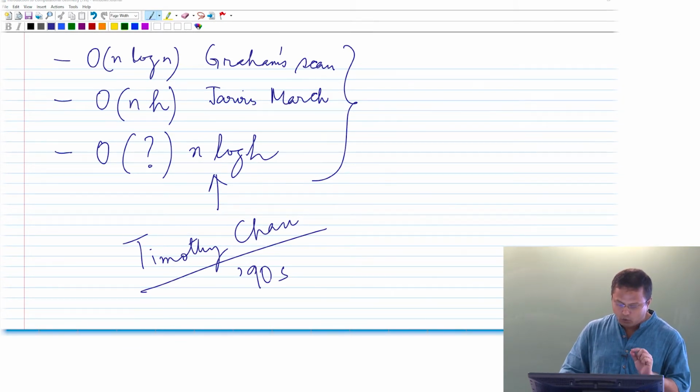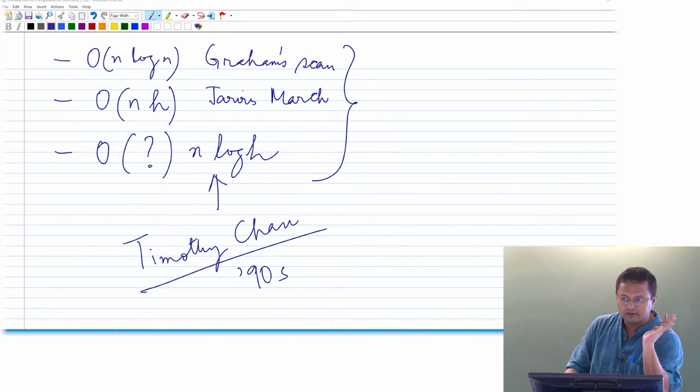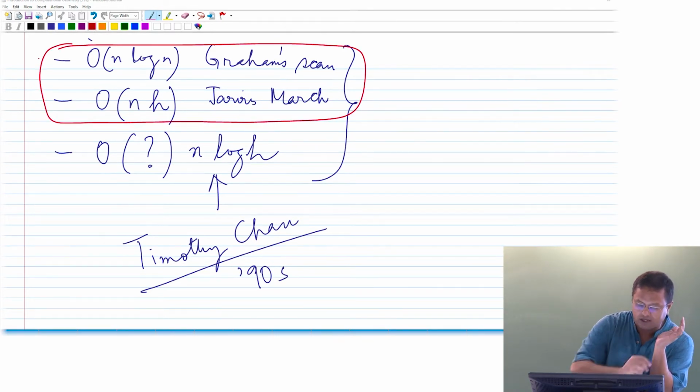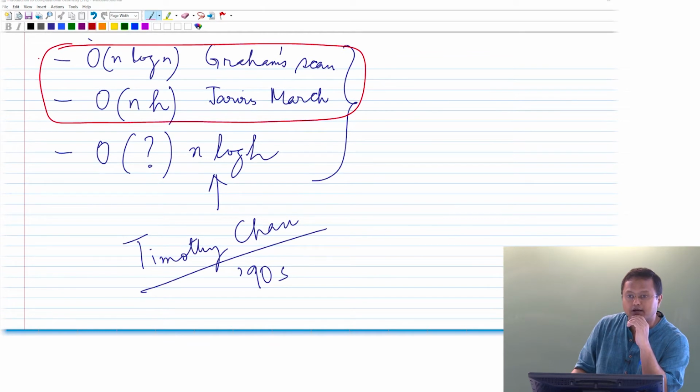Now, look into this fact that n log h is faster than both n log n and n h, right. But the idea of Timothy Chan is it will combine these two slower algorithms in a nice way to get a faster algorithm. Seems counterintuitive, but that is the beauty of the design.